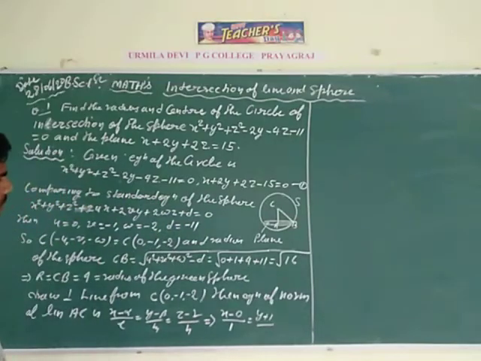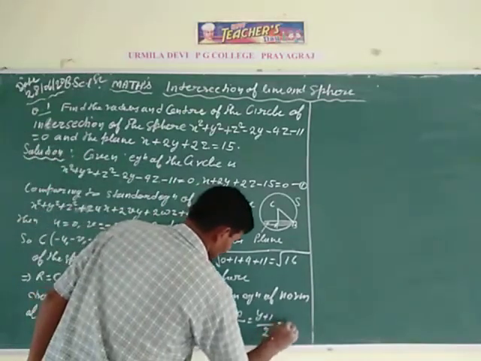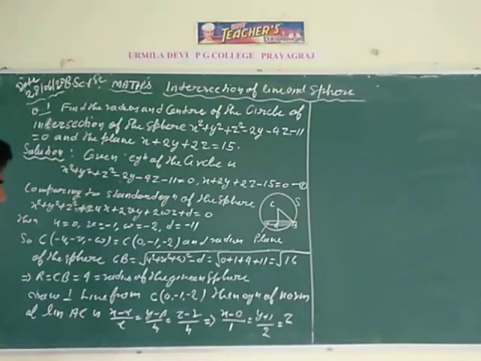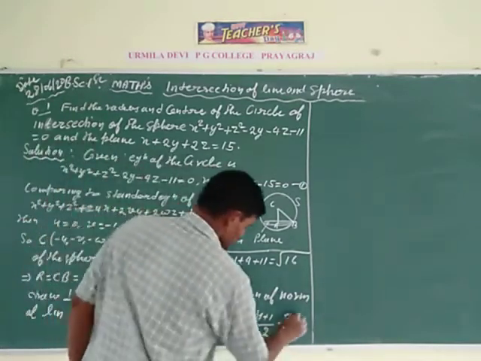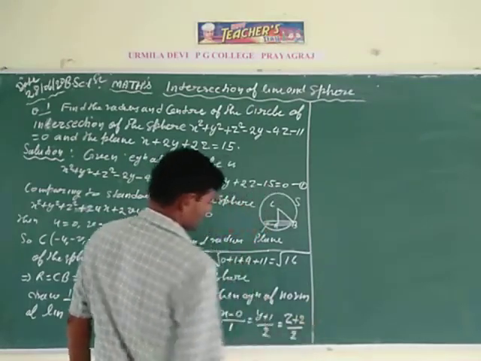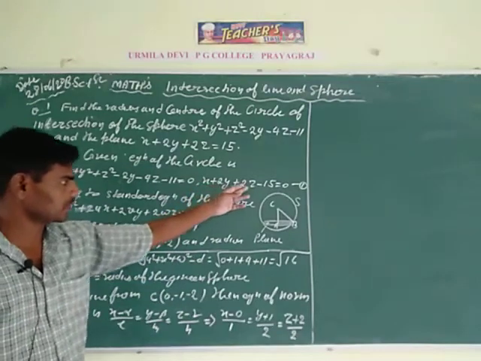Here m is equal to the coefficient of y, which means 2, and z minus gamma, which is minus 2, so z plus 2, divided by 2, the coefficient of z in the plane equation x plus 2y plus 2z minus 15.